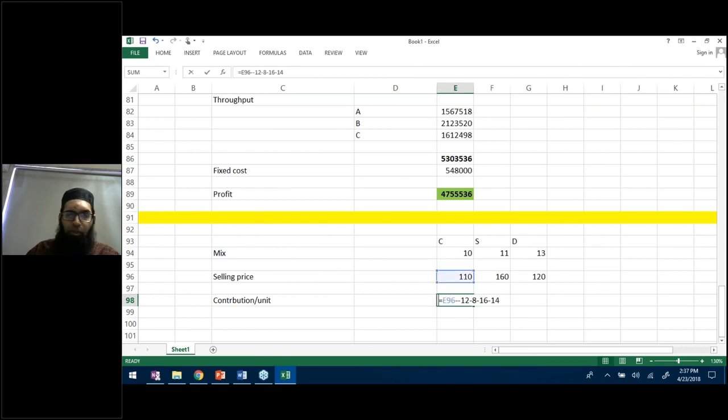So the contribution per unit for product C will be, I did just one mistake. I've used the minus sign twice. So let me correct it. So it is $60.